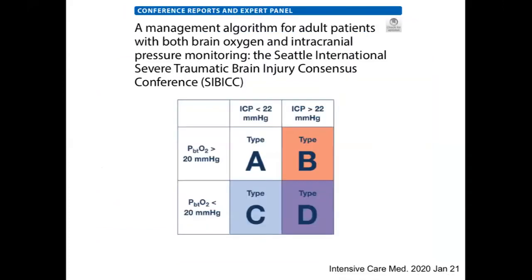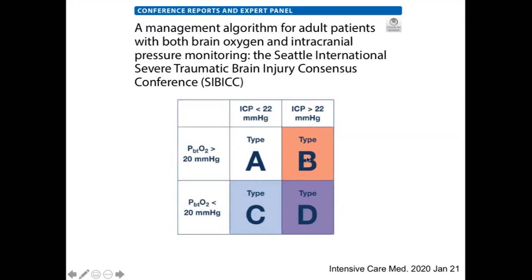A step towards this philosophy was recently shown in this consensus, and indeed you see that ICP is treated according to 4 scenarios. In the first one, everything is okay, and then we may have to treat intracranial hypertension according to the level of brain tissue oxygen tension, PbTO2.